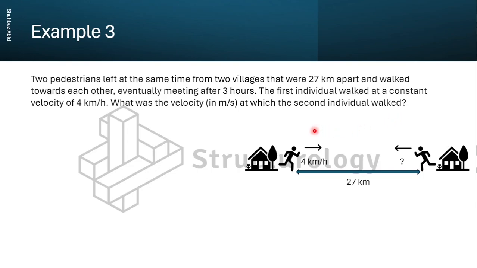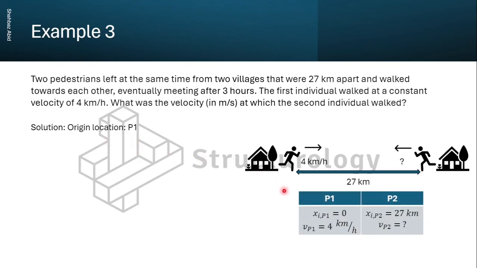So again, in this problem we have to locate the origin. So first of all, let us say this pedestrian to be P1 and this pedestrian to be P2. So I'm going to locate the origin at P1. So based on this origin location, the given information we have is P1 is having an initial position equal to 0 because it is at the origin.